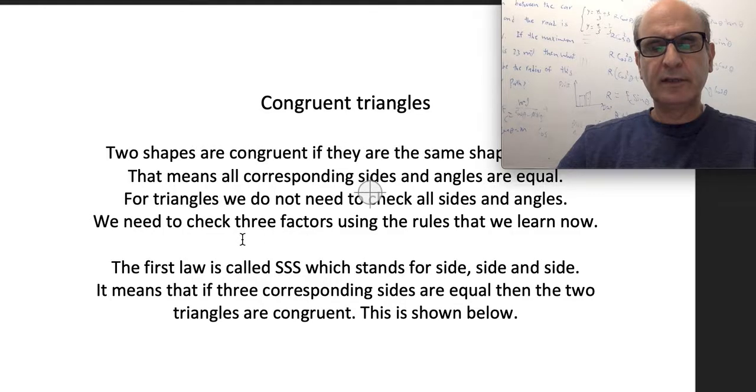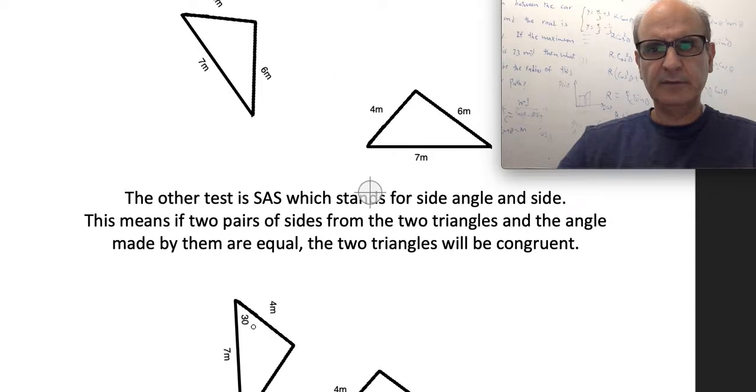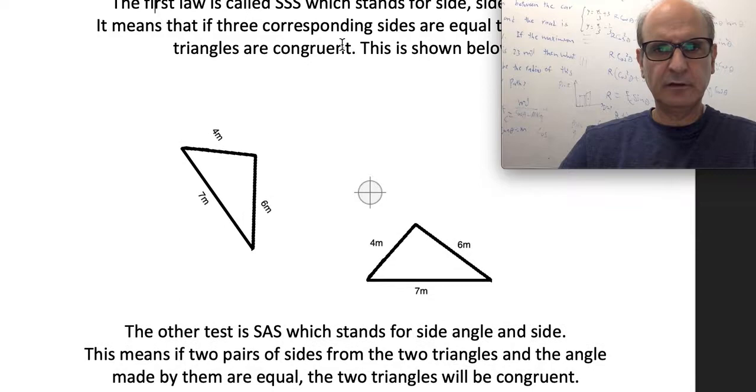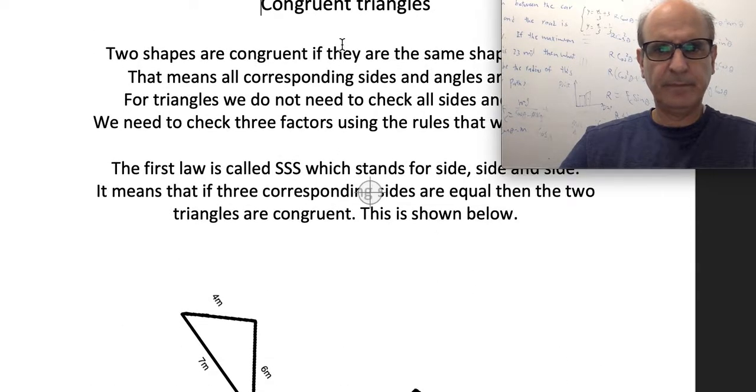So rather than comparing everything on two triangles, we just compare three specifications or three characteristics in two triangles. And based on that, we decide if they are congruent or not.